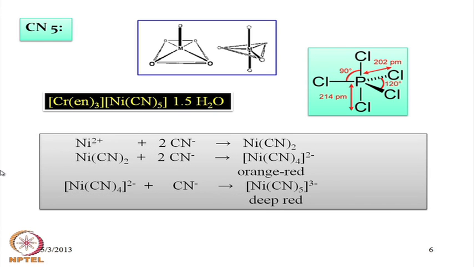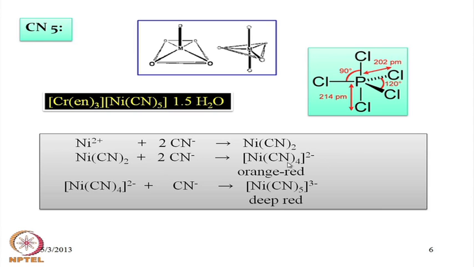It is a well known fact how we can get this species, because we can substitute some other compound. The tris ethylene diamine chromium 3 cation can be obtained as its corresponding perchlorate salt or tetraphenyl phosphonium salt, but that can be substituted very easily if we go for the corresponding pentacyanonickelate salt. Nickel, we all know, reacts very easily with cyanide, and we can go for further reaction with cyanide.